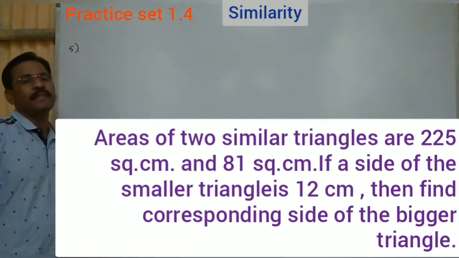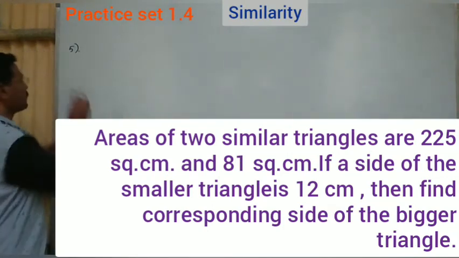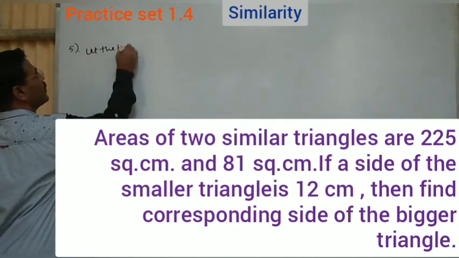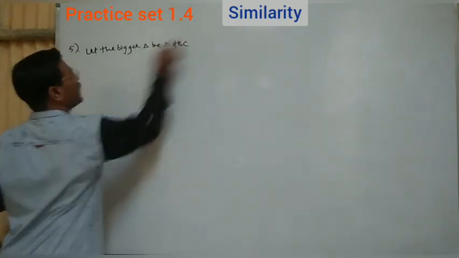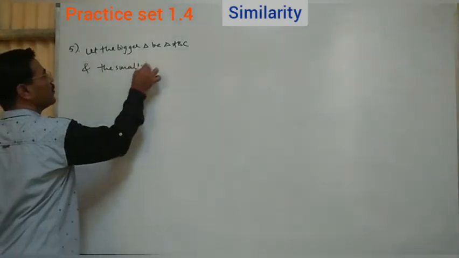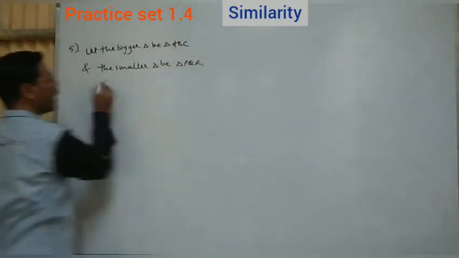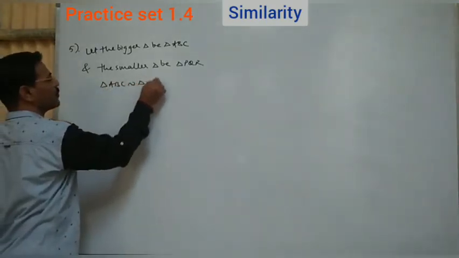Now look here. Again, we'll take the names as ABC, PQR. Let the bigger triangle be ABC and the smaller triangle be PQR, and both are similar, as given to us.